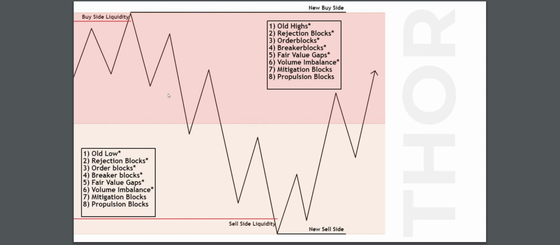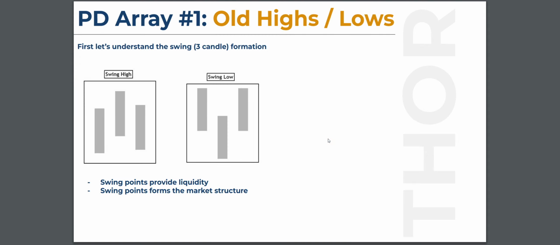And you'll be using these PD arrays to determine the bias and the narrative and what the market is doing, right? And at the end of the day, you'll be using these PD arrays to find entry points, entry levels when you're trading. So let's start with old highs and old lows.